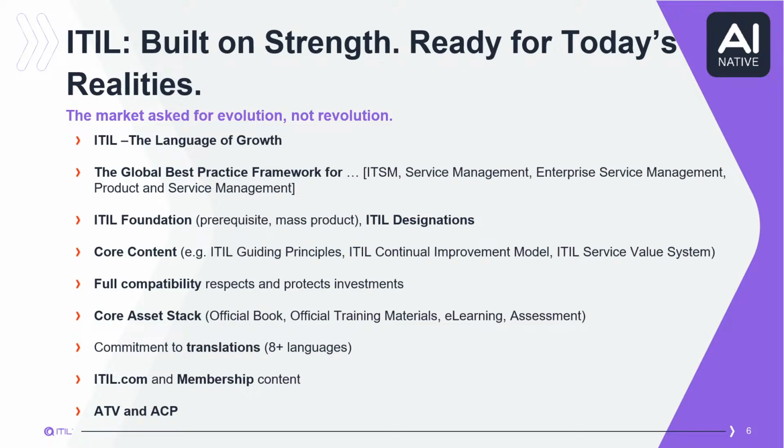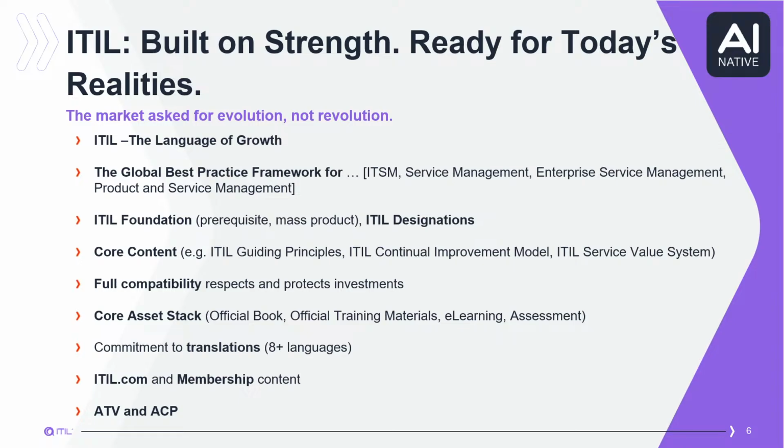ITIL designations, so we will cover what kind of ITIL designations are available. Currently we have practice manager, managing professional, and strategic leader, and of course we have ITIL Master. The core content is not exactly the same, but it has not changed in a large way. We have the guiding principles, yet there is no change.